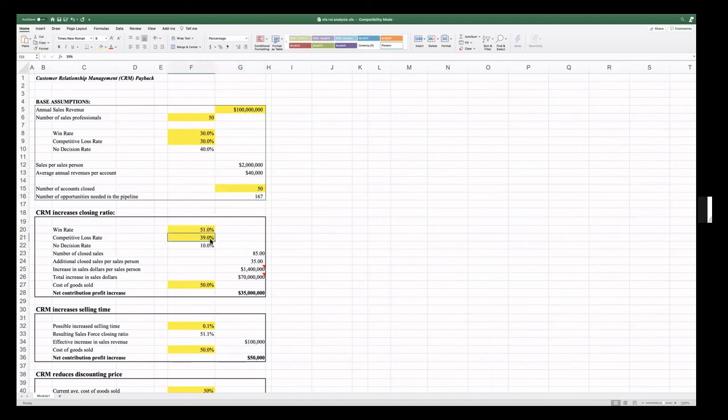We're going to say, if I have a 30% still lost to competitors, but I bump this up from 30 to 32%, and my cost of goods sold is 50%, if I can do a 2% improvement, I make $3 million off of that 2% improvement.